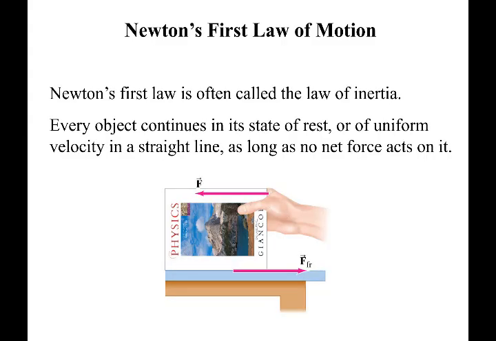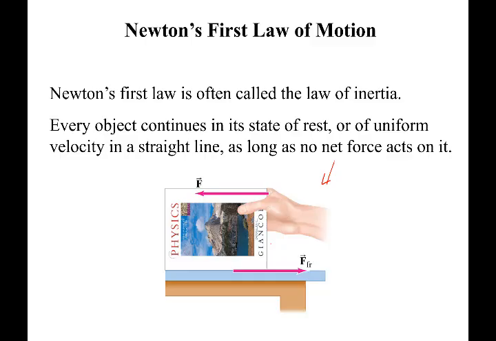And every object continues in its state of rest. If you keep this book on the table, it will continue lying in that state unless and until you move it. So rather than contradicting our experience, Newton's first law of motion states that there must be a cause for there to be any change in velocity.